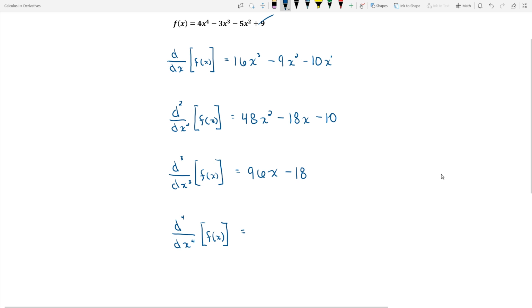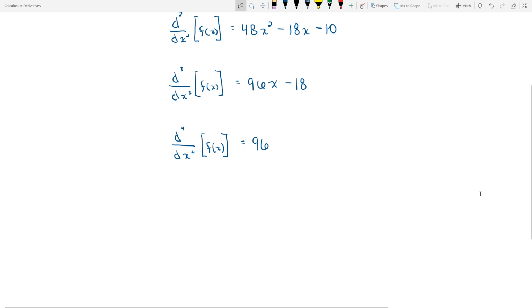And then we end up with simply 96 times 1, and x to the first minus 1 is going to give us 1, so we end up with 96. And you would think, and I did at first, that you were done. But remember that you can take one more derivative anytime that you have just a constant. That's one of our derivative rules.